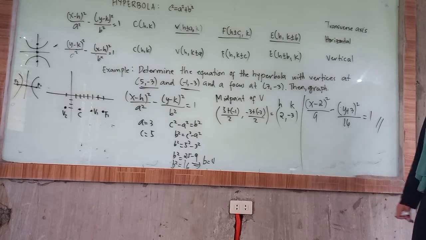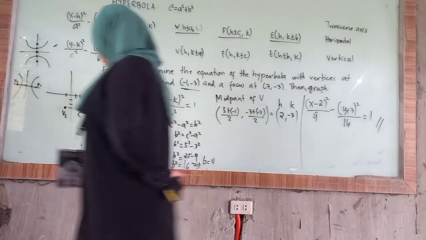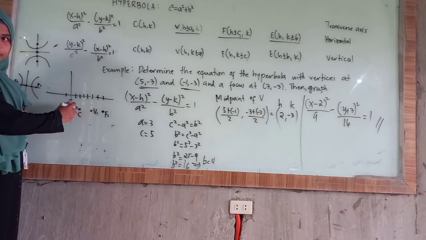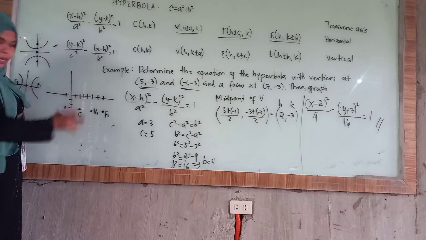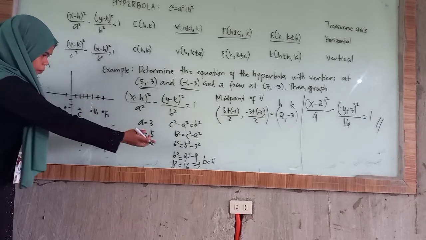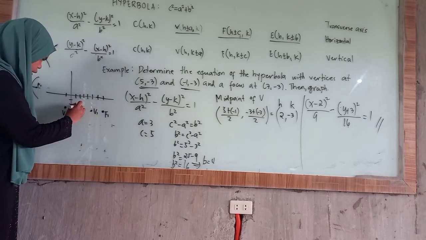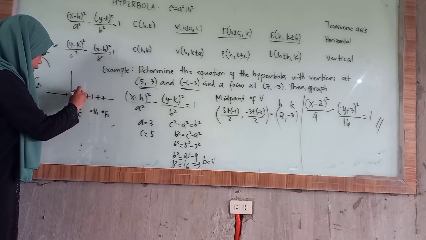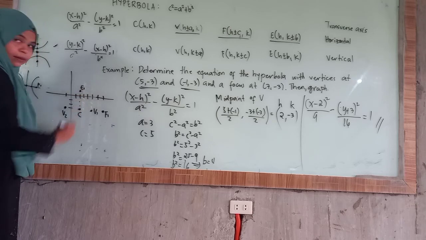Okay, next. Paano natin yan i-graph? So, since ang B natin is 4, so from center, pupunta ka pataas. Hindi pa punta dito, ha? So, ilan ba yung B natin? 4, no? So, 1, 2, 3, 4. So, nandito yung E1 natin.